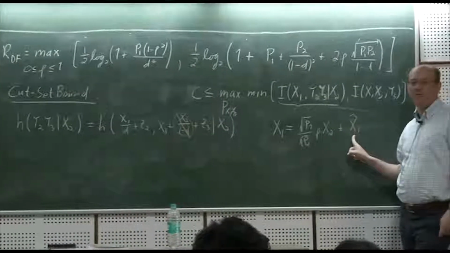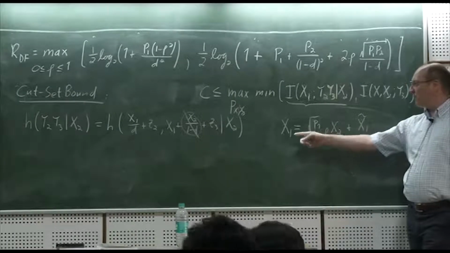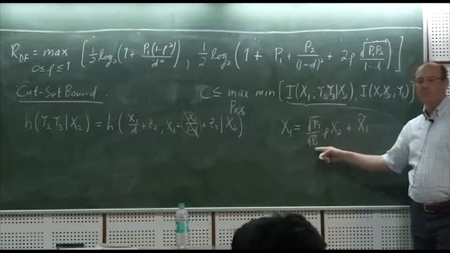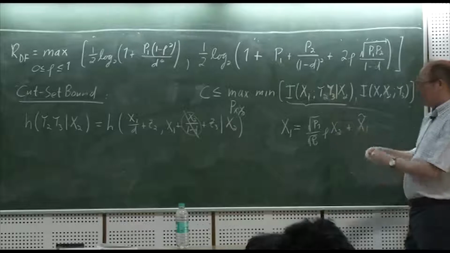So for Gaussian random variables you can always do this. If I have two correlated random variables, I can always write one as a linear combination of the one random variable plus another. So let's see if we get the right rho here.